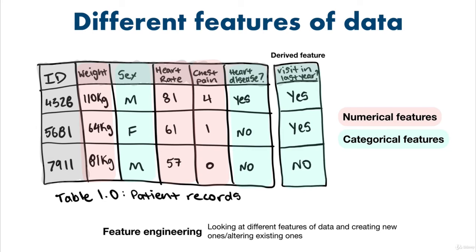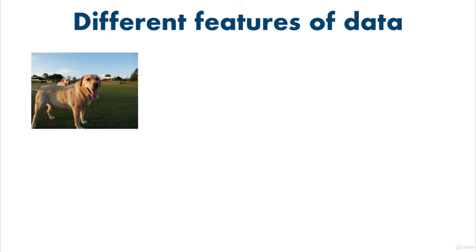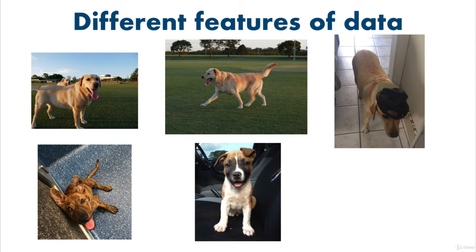Our heart disease example is structured, but unstructured data has features too. They're just a little less obvious. If you looked at enough images of dogs, you'd start to figure out, okay, most of these creatures have 4 shapes coming out of their body. Their legs and a couple of circles up the front. Their eyes.